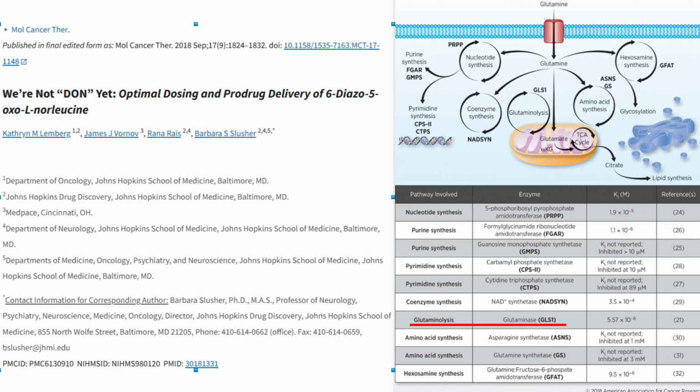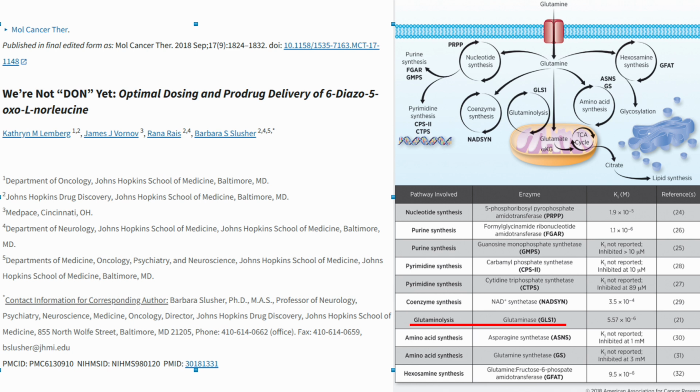And what I put here is the last review by an authority in the field, Barbara Slusher, regarding DON as a drug for solid cancers, and it addresses the optimal dosing and what actually happens to it in the body.